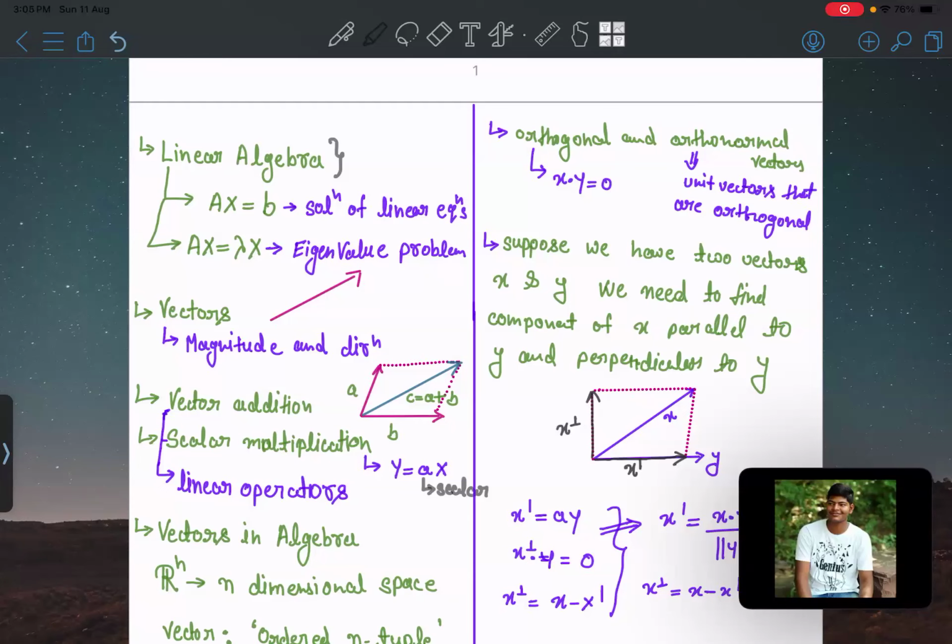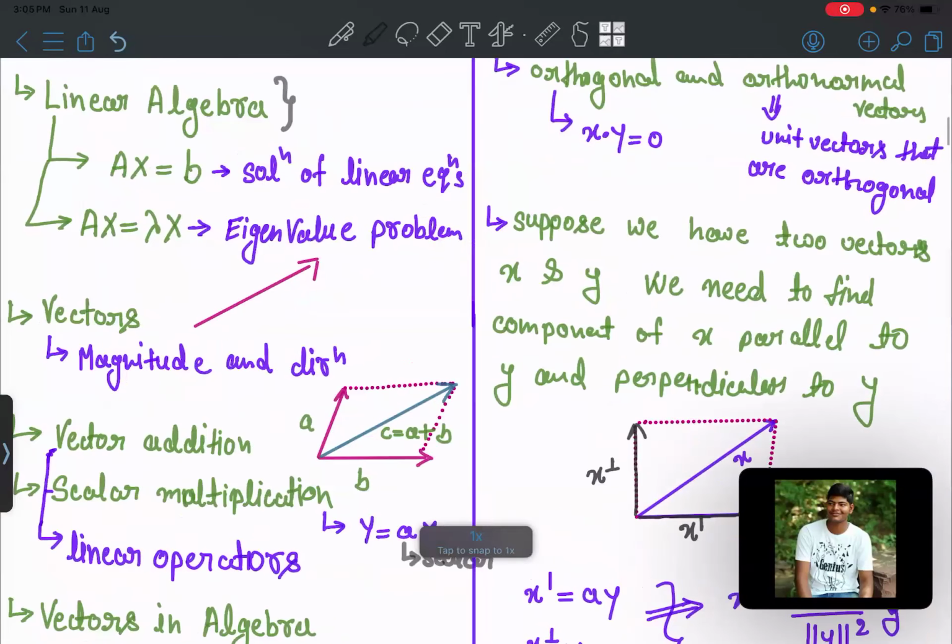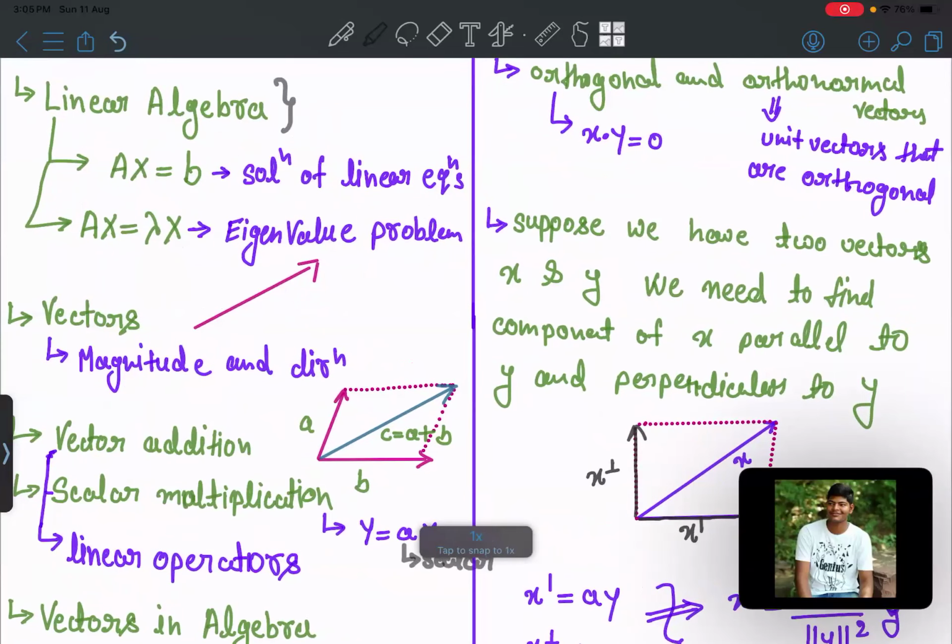So in this week, the instructor had covered how linear algebra problems can be solved using different types of numerical methods. Basically, two types of linear algebra problems will be discussed here. The first type of problem is AX equal to B type of problem.